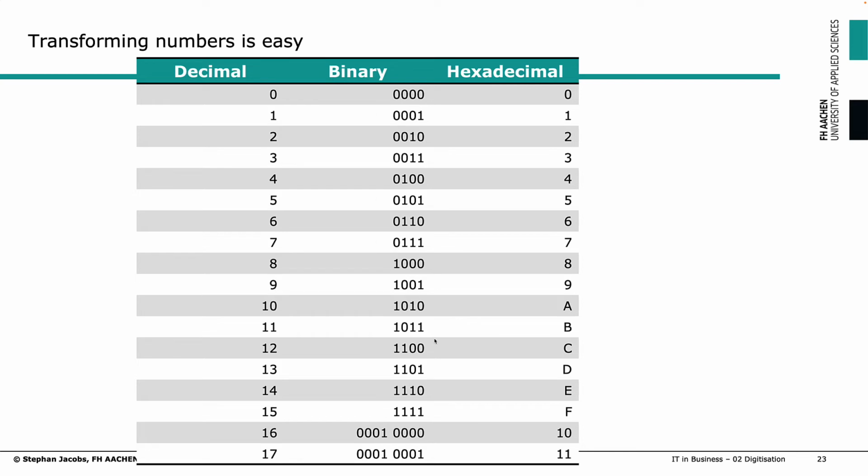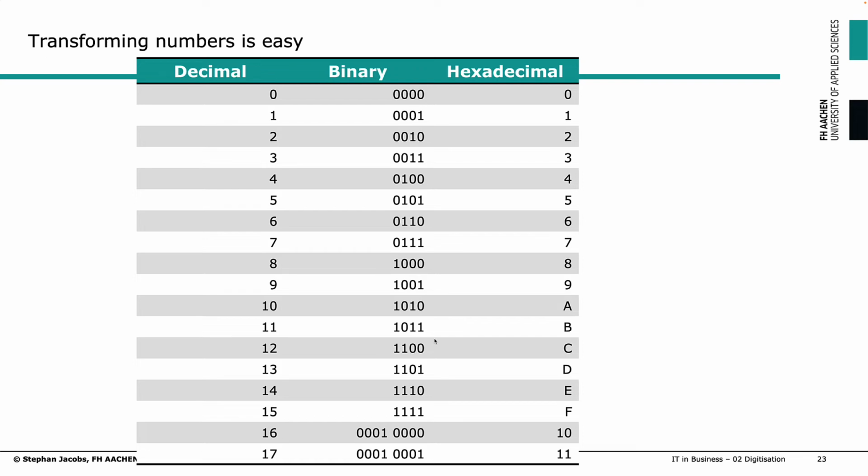You can simply check, 1, 1, 1, 1 is 8 plus 4 plus 2 plus 1, which is simply 15. And once you have reached these 4 ones, you have to add one more digit. So we go to 2 blocks of 4 bits, which is 0, 0, 0, 1 and then 0, 0, 0, 0.